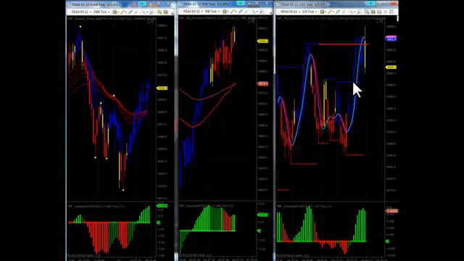Okay, I want to get at least one more trade in here. I'd like to at least get to 250, but we'll see. Okay, we're going to go ahead and consider using this as a possible re-entry if we go back down and start coming back up.